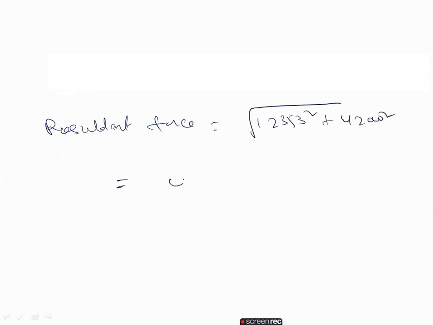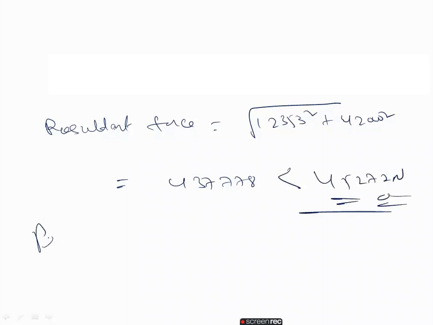Now calculate the resultant force, that is 12,353 whole square plus 42,000 whole square. We will get the answer 43,773, which is less than 45,272. So now provide the 5 bolts.